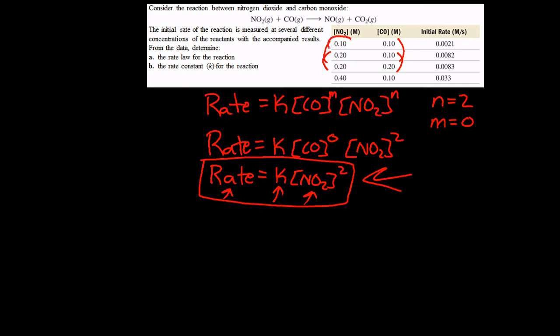So we're going to take this concentration, this rate, plug them in, and solve for K. So the rate, 0.0021 molar per second, is equal to K times 0.1 squared.